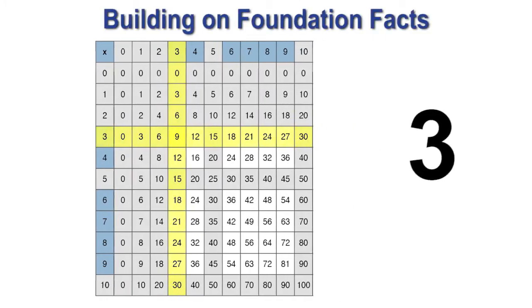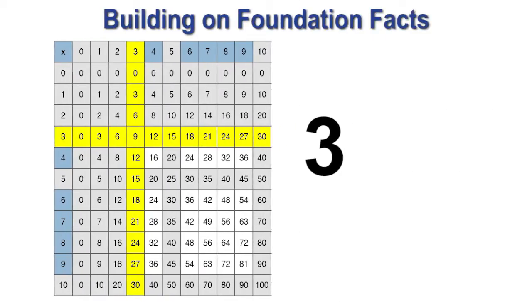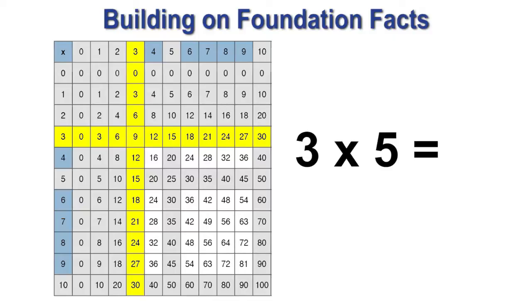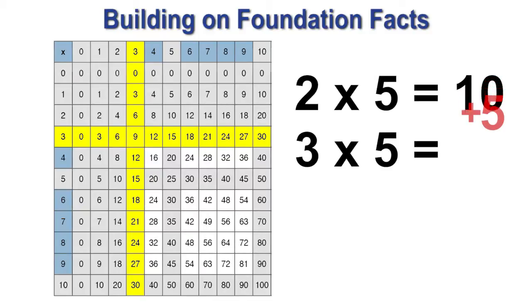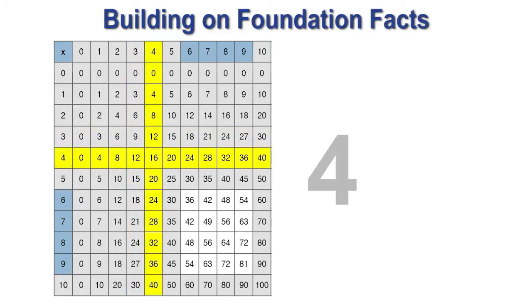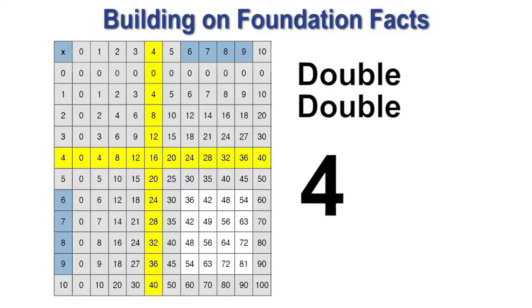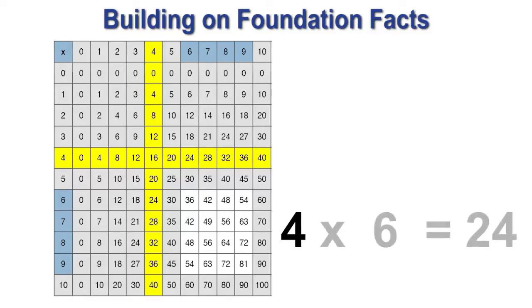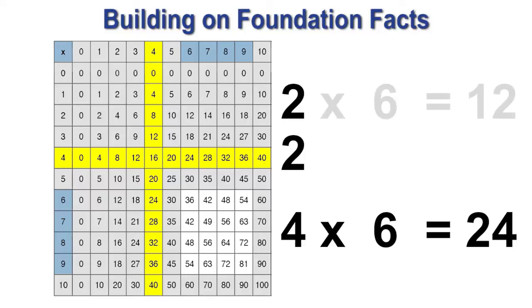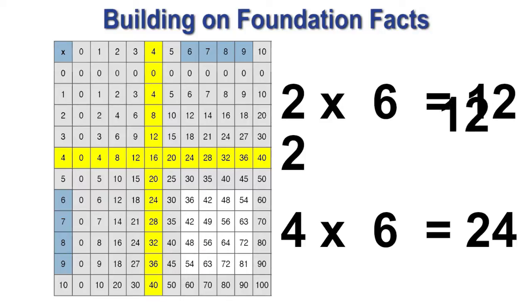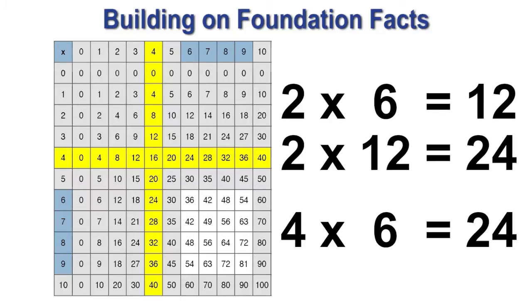Let's take times 3. A strategy for multiplying by 3 would be to multiply by 2 and then add one more group. Times 4. A strategy for multiplying by 4 would be doubling a double, or double-double. For example, 4 times 6. 2 times 6 is 12, and 2 times 12 is 24.